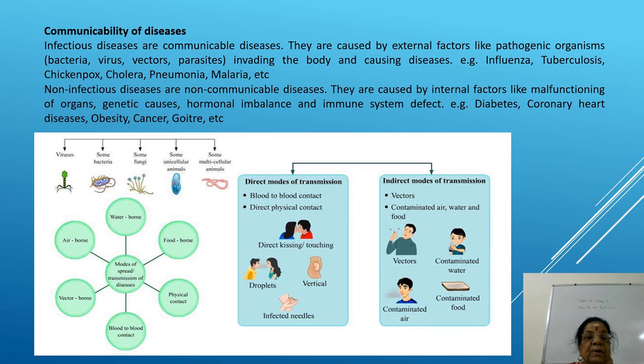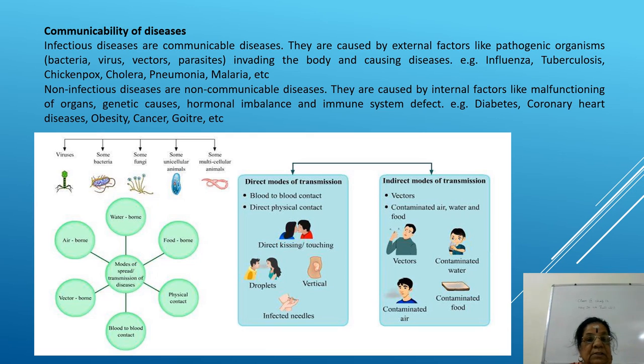And then multicellular animals, it is worms, such as tapeworm and roundworm. Tapeworm normally attacks children, and the roundworm also will attack. Otherwise, even adults can be infected by the worms.